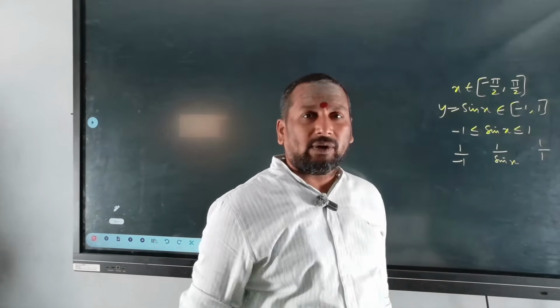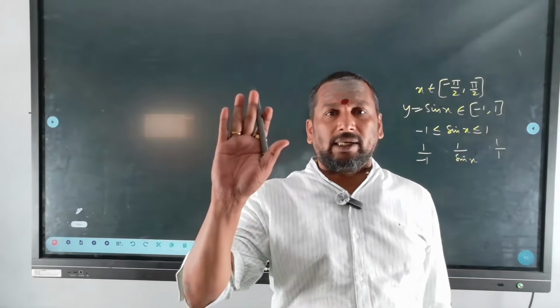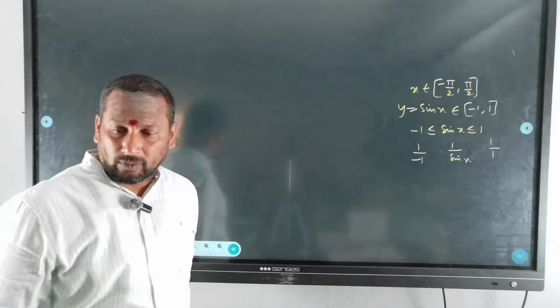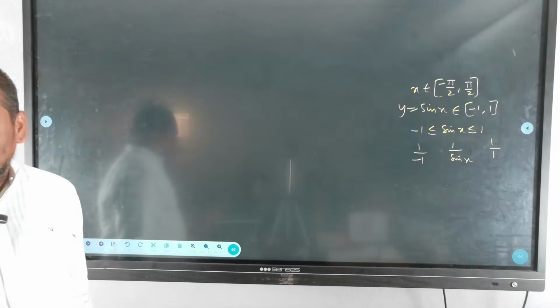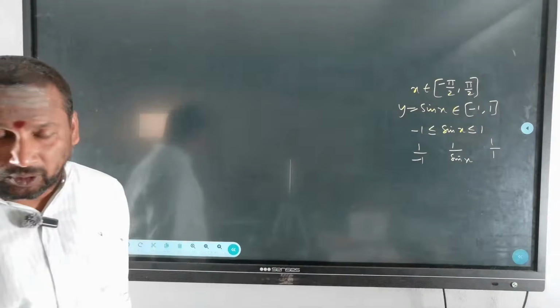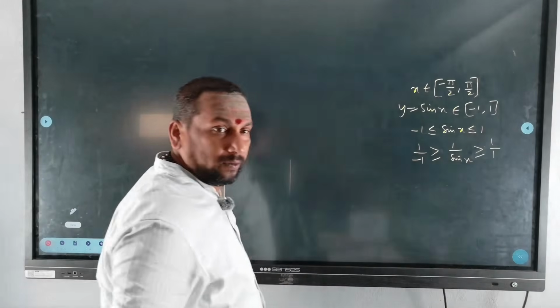In two cases the inequality sign will change. What are the two cases? Negative integers. One is multiplying with minus, the other one is taking the reciprocal. So the sign reverses to greater than or equal to.